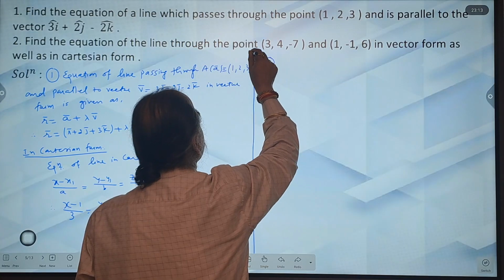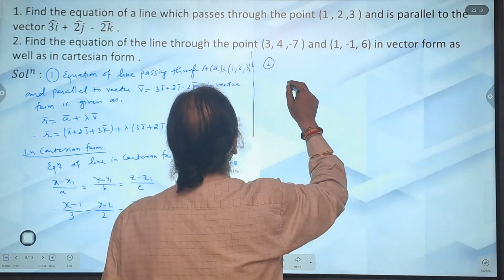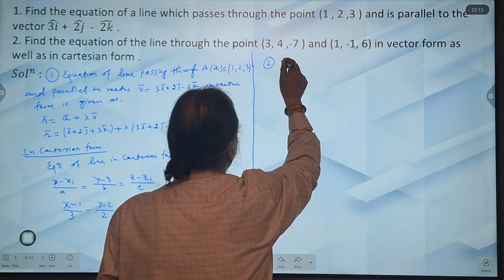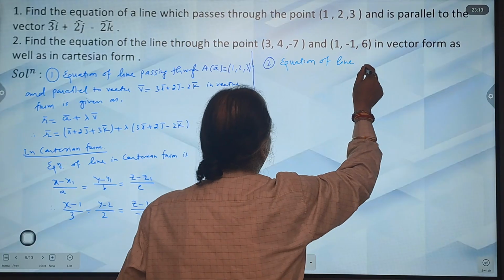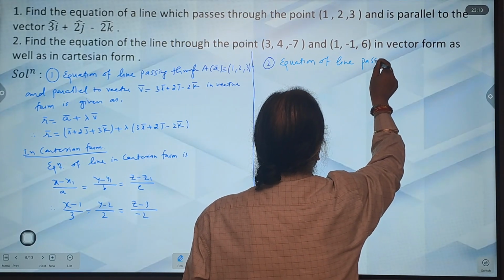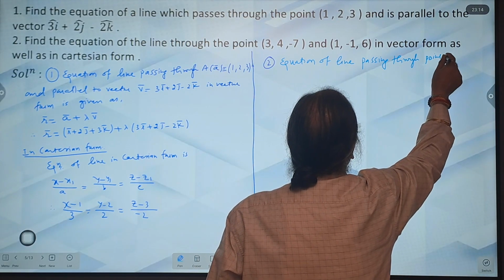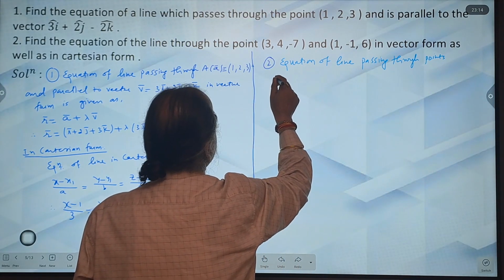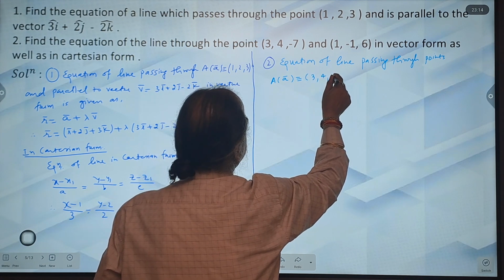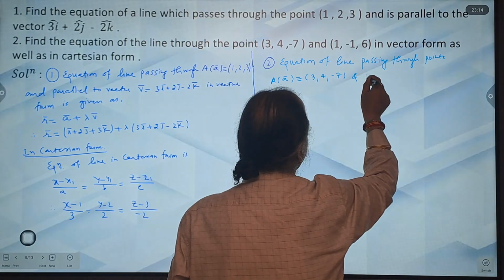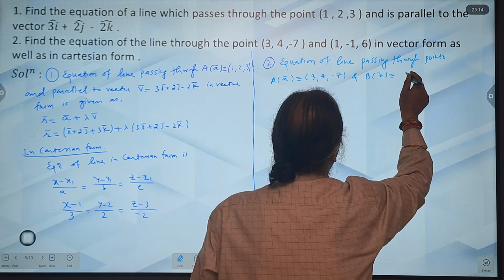See question number 2. Equation of line passing through points A bar corresponds to 3, 4, minus 7 and B bar corresponds to 1, minus 1, 6.